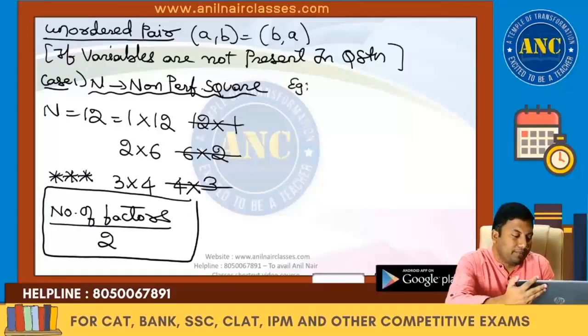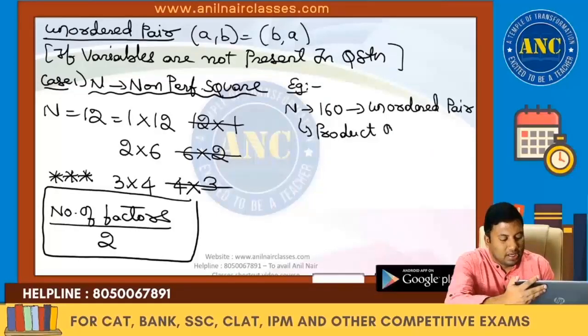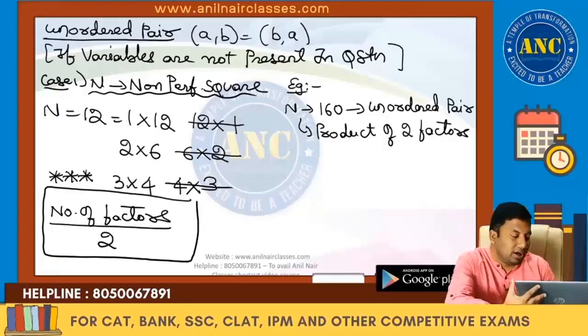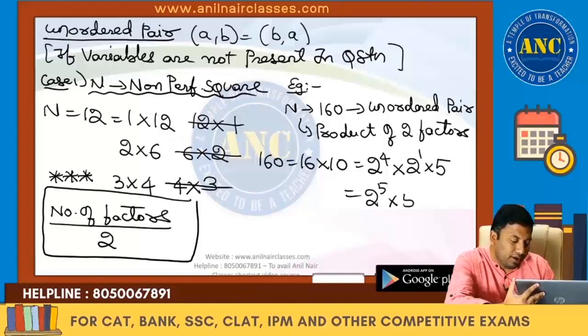For example, N is nothing but 160. How to write the number as a product of two factors in an unordered pair? 160 is nothing but 16 into 10. 16 is 2 power 4. 10 is 2 into 5, so 160 is 2 power 5 into 5 power 1.